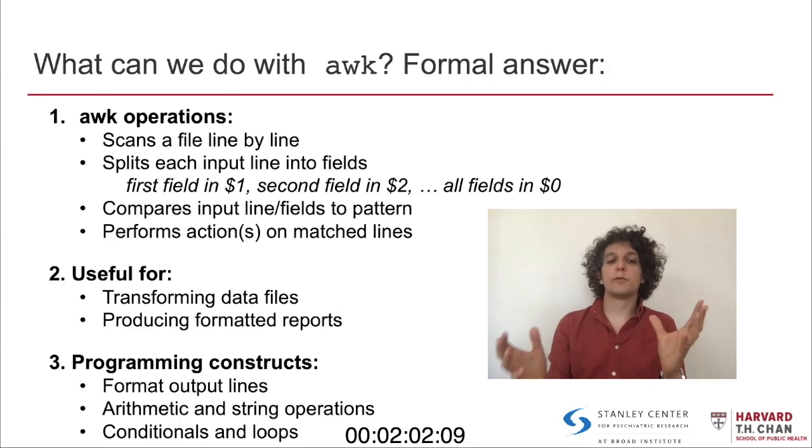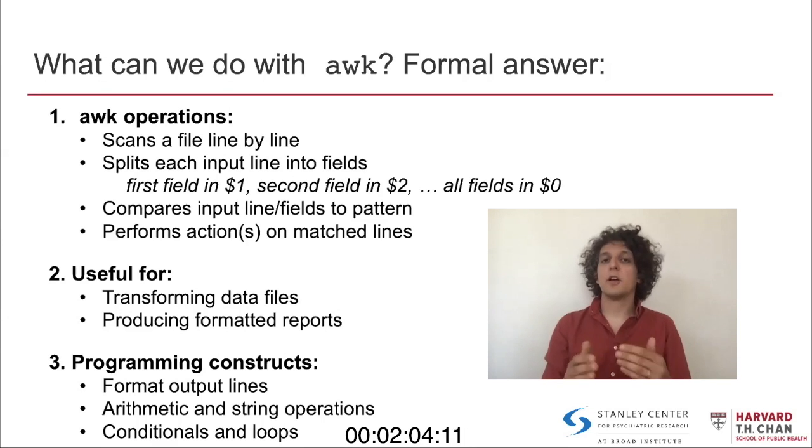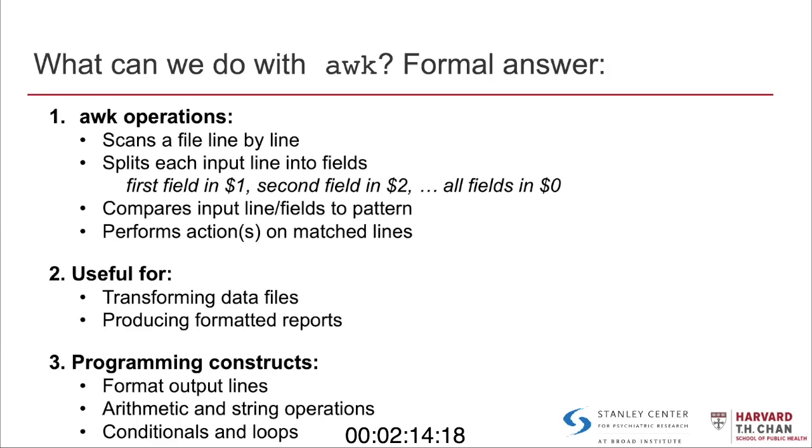So it's useful for transforming data files. For example, you can decide to remove some lines and columns or modify some numbers in some columns. You can use awk to create a new file that has fewer columns and fewer lines, or a new file in which you modify some of the columns of your original file.